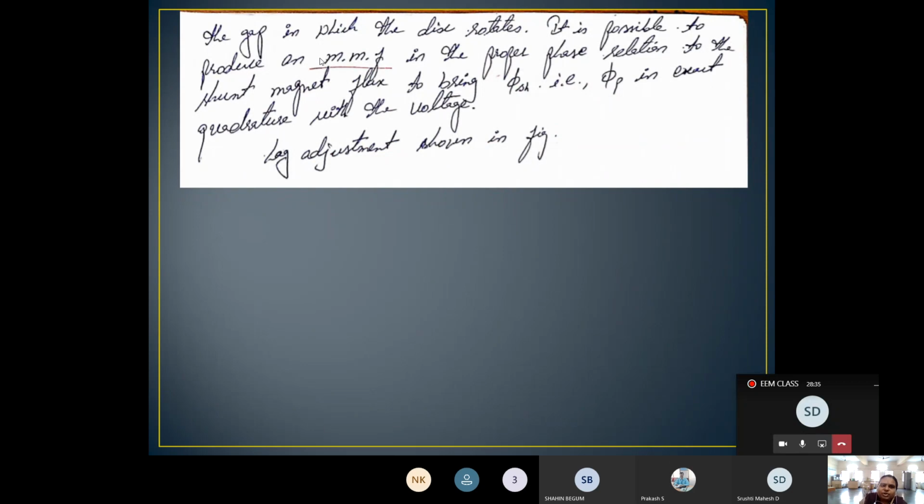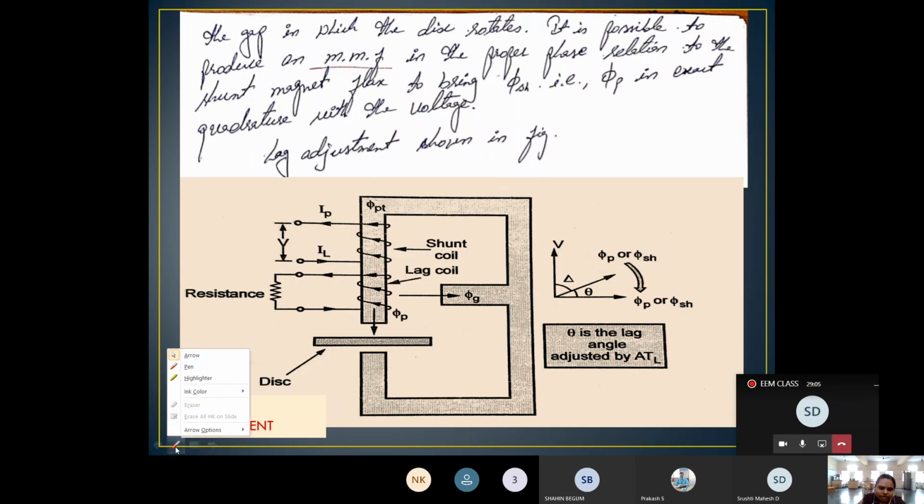It is possible to produce an MMF, magnetomotive force, in proper phase relation to the shunt magnetic flux, that is φSH, due to the shunt magnetic field. The flux φP is in exact quadrature with the voltage.